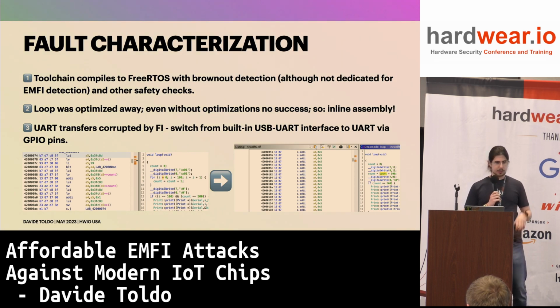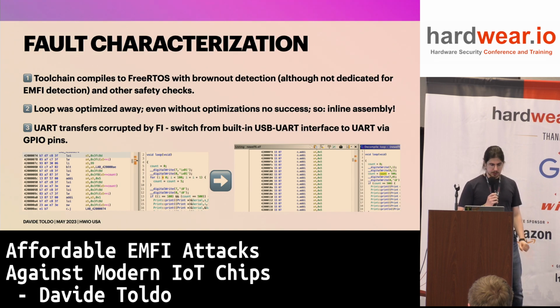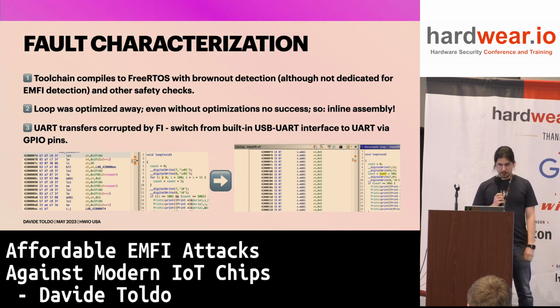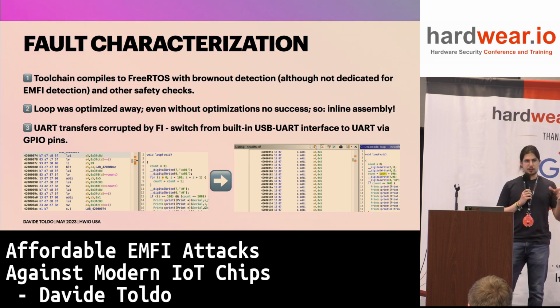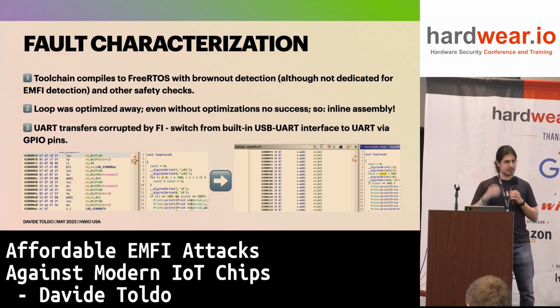Then such loops, as I described earlier, were just optimized away immediately. So you probably want to do inline assembly. And lastly, what also was funny, this chip has embedded UART to USB. And since USB is a mess, I mean, UART is already asynchronous, but if you send now, it sends now. If you do USB, you never know when it sends.